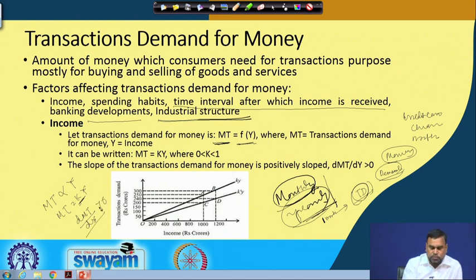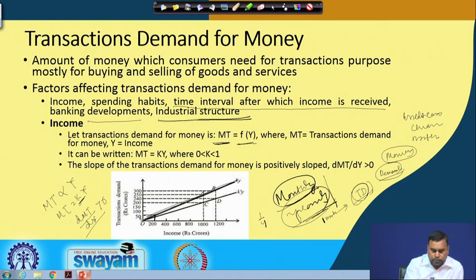So, the transactions demand for money curve that I have shown is always positively sloped. If your total income is 200 and the transactions demand is 50, then K is 50 by 200, that is 1 by 4.